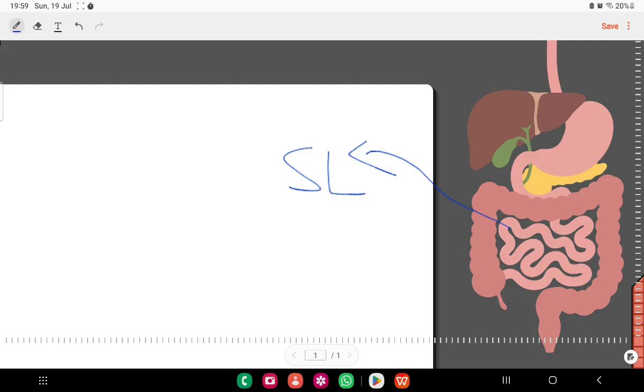When I say 9 meters, I mean about 27 feet. Just imagine that. And I think that our entire digestive tract is around 10 to 11.5 meters, and this part right here accounts for like 90% of it.